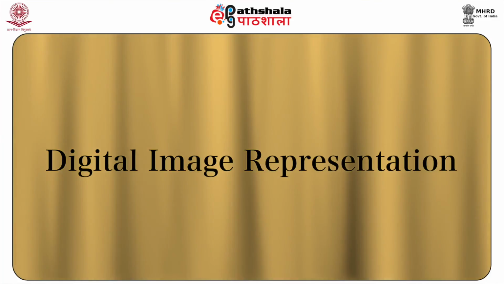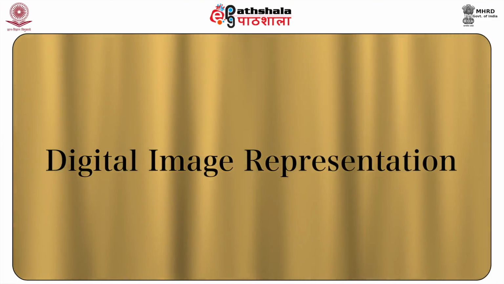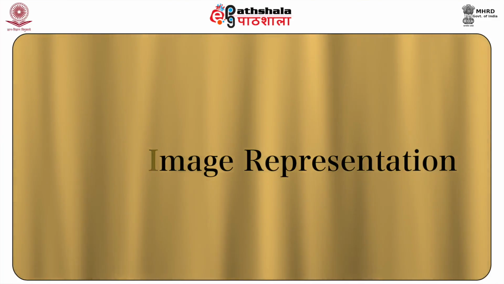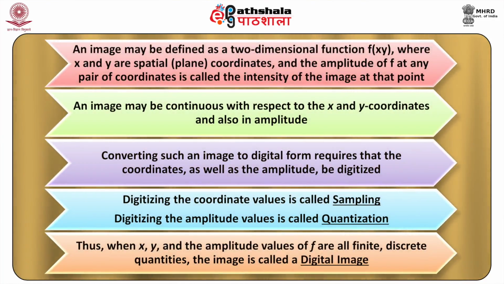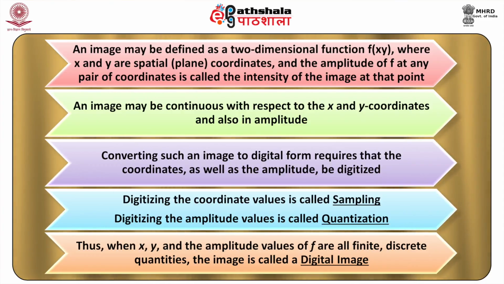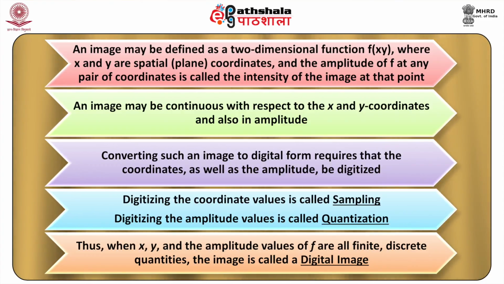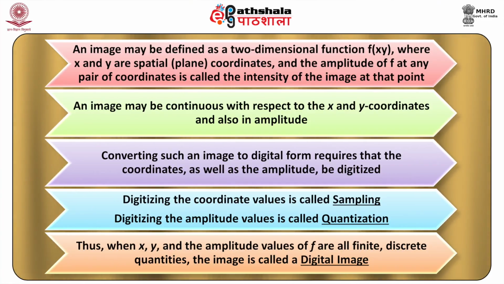In this, we have first the digital image representation. An image may be defined as a 2-dimensional function f(x,y), where x and y are the spatial plane coordinates and the amplitude of f at any pair of coordinates is called the intensity of the image at that point. An image may be continuous with respect to the x and y coordinates and also in amplitude.